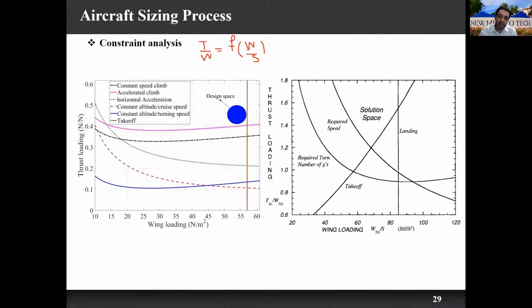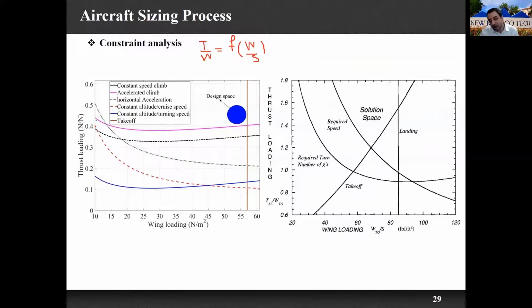And we had different scenarios: constant altitude with cruise speed, constant altitude turning or loitering, climbing with acceleration, climbing or descending with acceleration, or landing, takeoff, or hand launch. For each one of these scenarios, there is a different equation for thrust loading once you write it based on wing loading. So now if I consider a range for my wing loading, I will have the value for thrust loading.